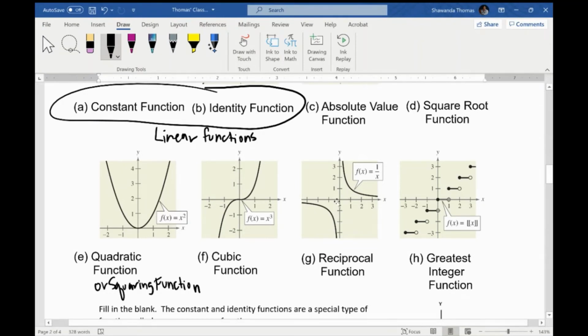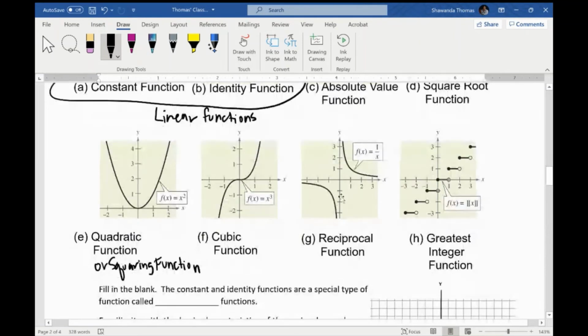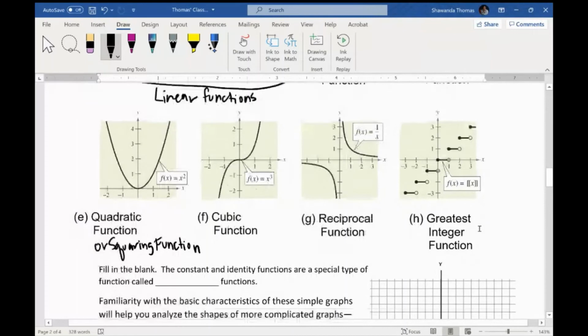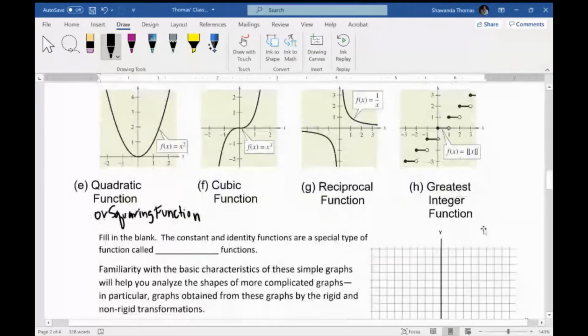You may see it some, but this is a reciprocal function. Notice it's a fraction, 1 over x. And then the greatest integer function. I hardly even touch this function. So usually I don't test you on this greatest integer function. It's really used mostly for probably computer science majors.